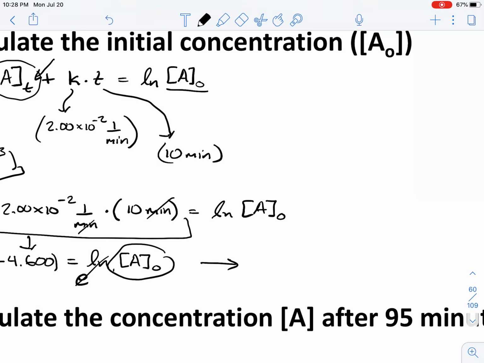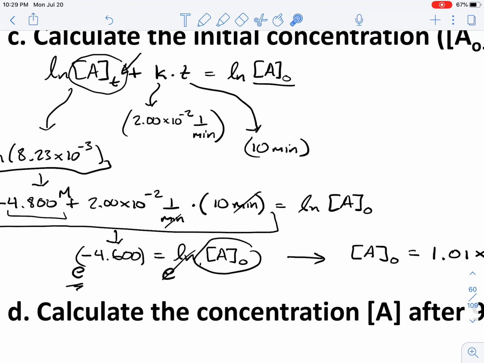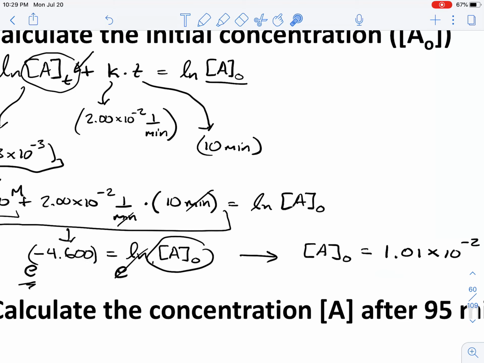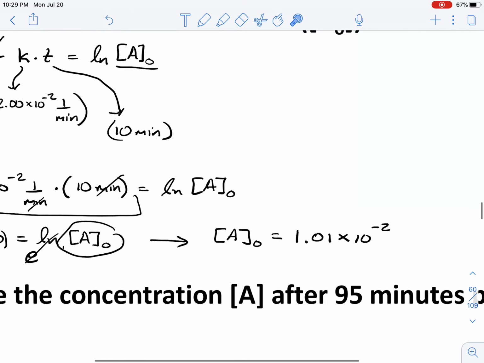And so when you plug that into your calculator, the initial concentration that you guys are going to get is going to be 1.01 times 10 to the negative 2. And so notice that if you take the opposite of a natural log in terms of sig figs, since we have 3 decimal places, that means we have 3 sig figs in our final answer. And since we're talking about concentration units, since there's the bracket that's present, we know that the unit is going to be molarity.